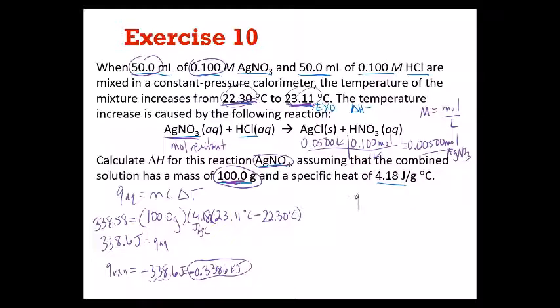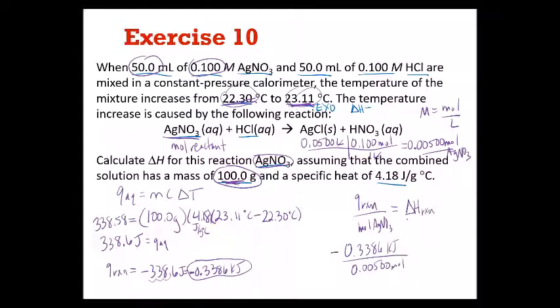So now it's really just the Q reaction over the moles of our reactant, which is the AgNO3. That's going to give us our delta H of reaction. So we plug that in, we get the 0.3386 kilojoules. Don't forget your negative over here. Divide it by the moles.